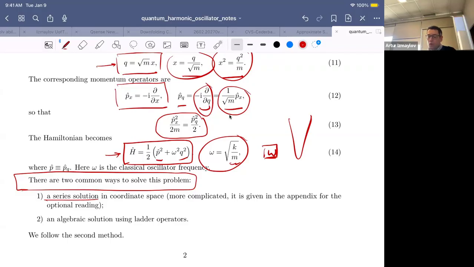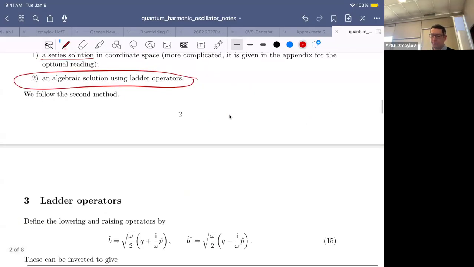Now, what we will be doing is the second way. It's called the algebraic solution using ladder operators. And this is simpler. It shows the power of algebra over calculus in this case, although it ends with using the calculus just for a simple problem.